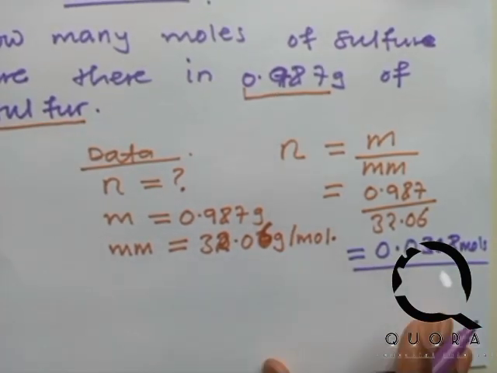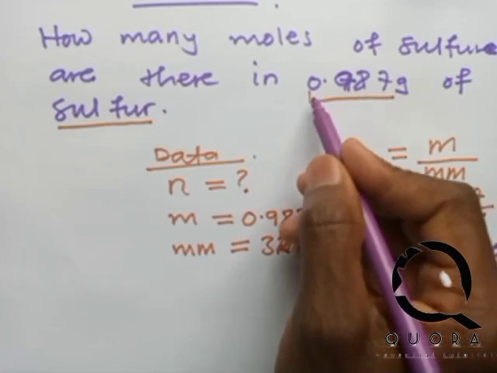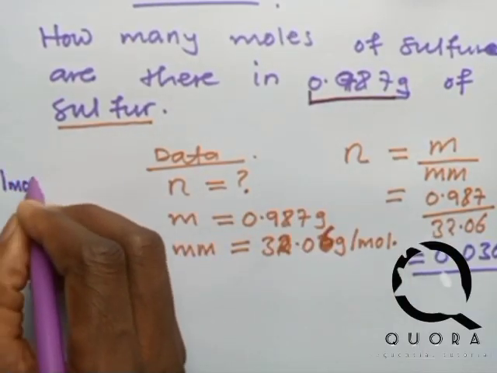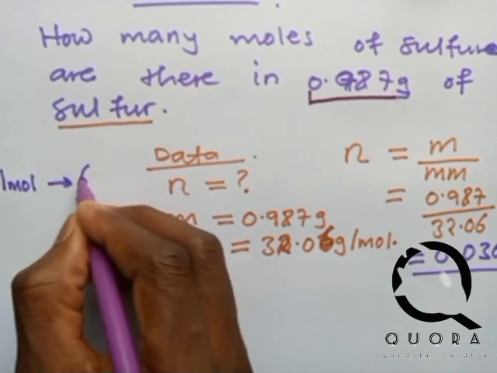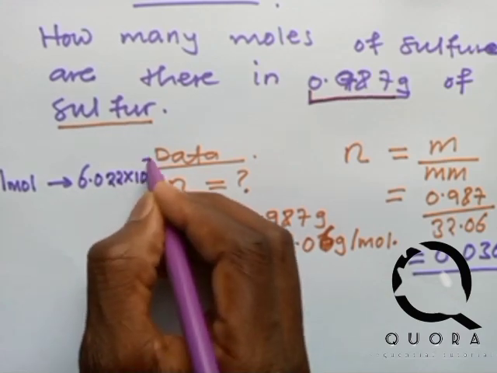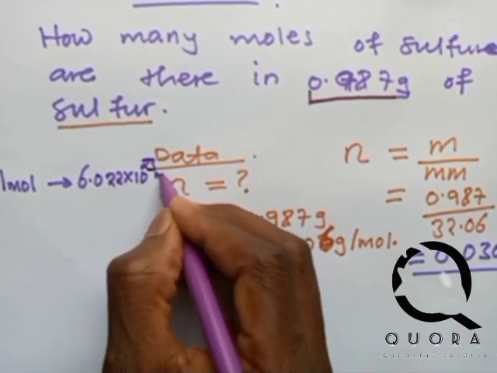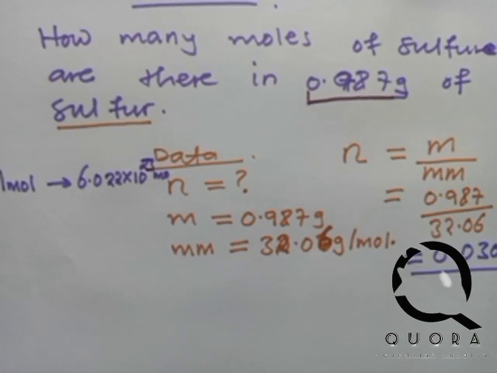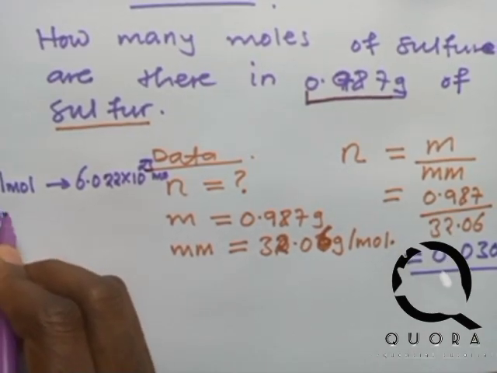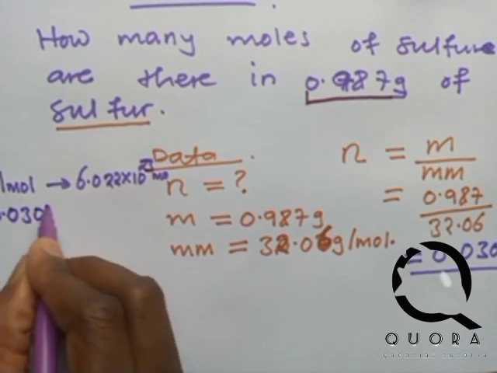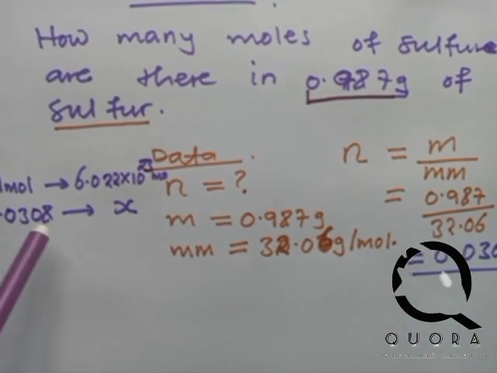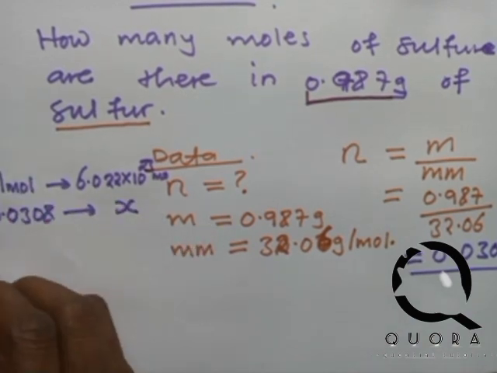To find the number of molecules, you say 1 mole is equal to 6.022 multiplied by 10 to the power 23 molecules, atoms, whichever. Then you write the number of moles again, 0.0308, and equate it to x.